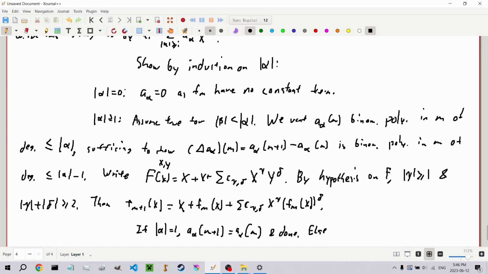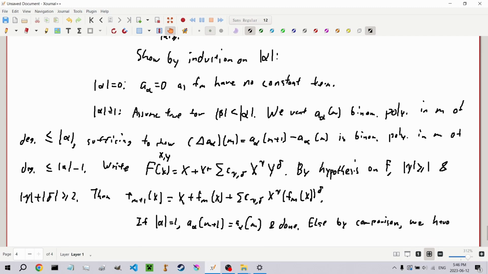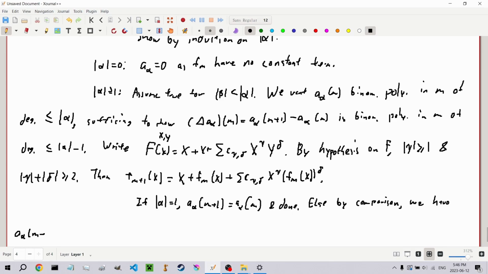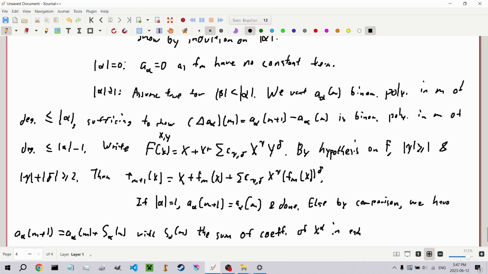If it's greater than 1, by the comparison, we have that a_alpha^(m+1) is a_alpha^m plus some s_alpha^m, with s_alpha of m being the sum of the coefficients of x^alpha in each c_(gamma,delta) x^gamma f^m of x to the delta.